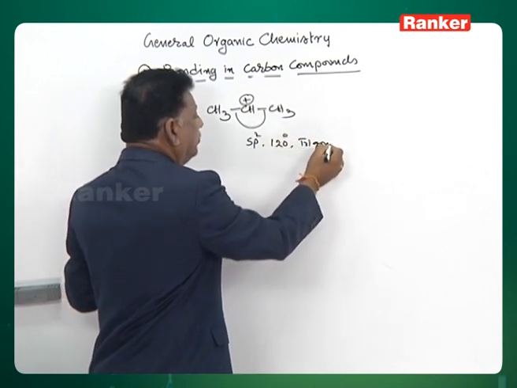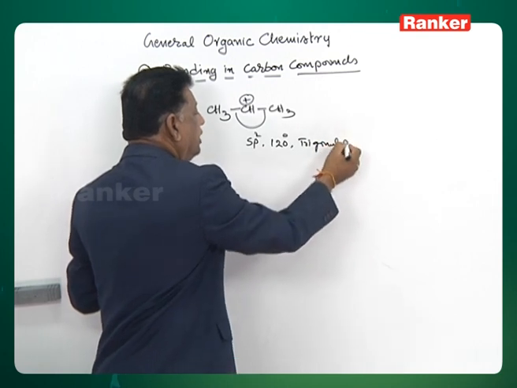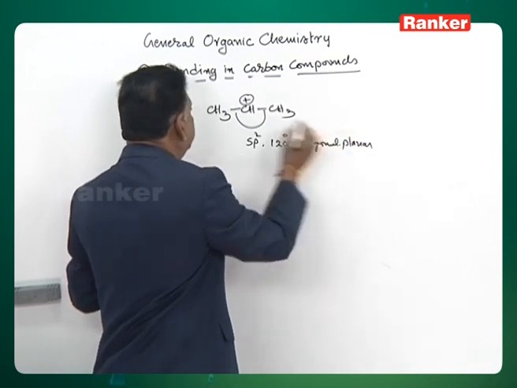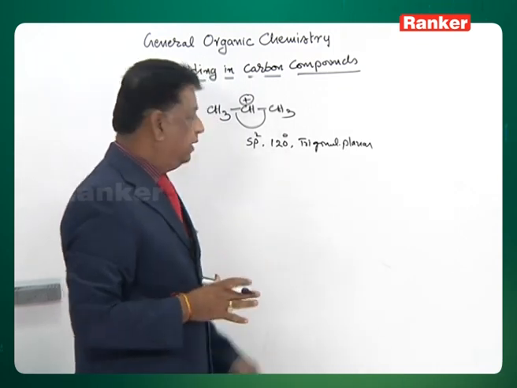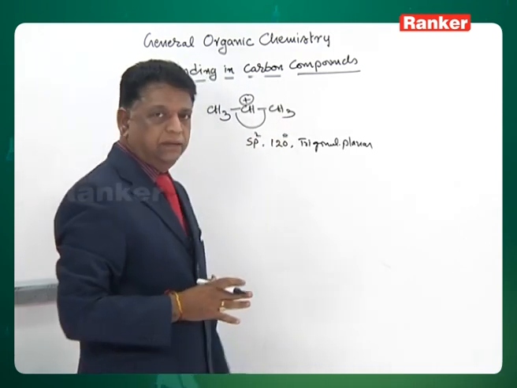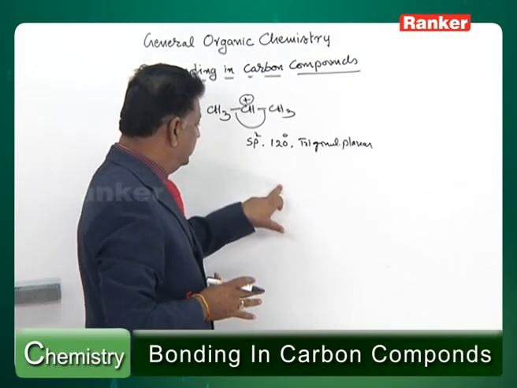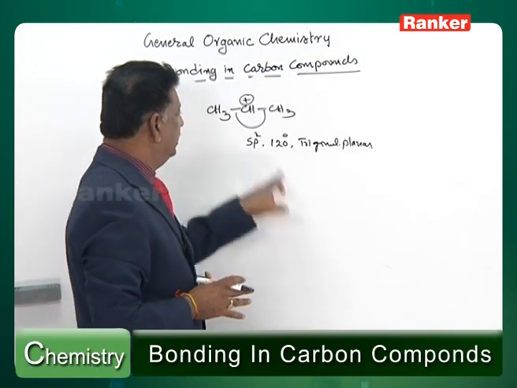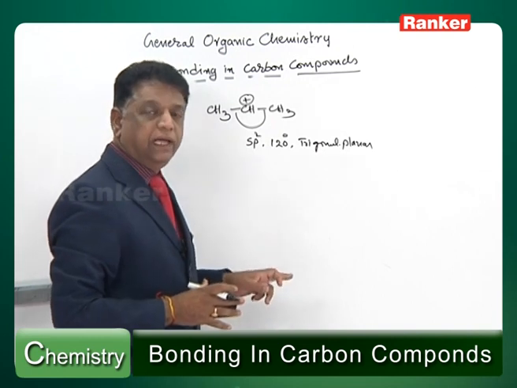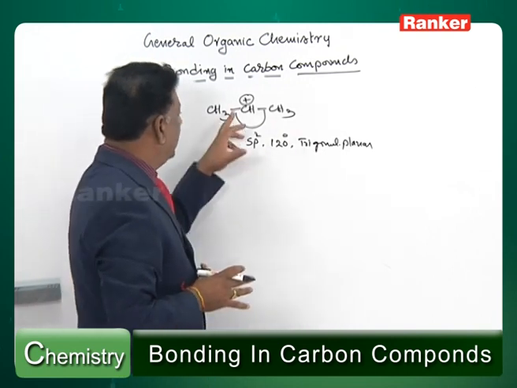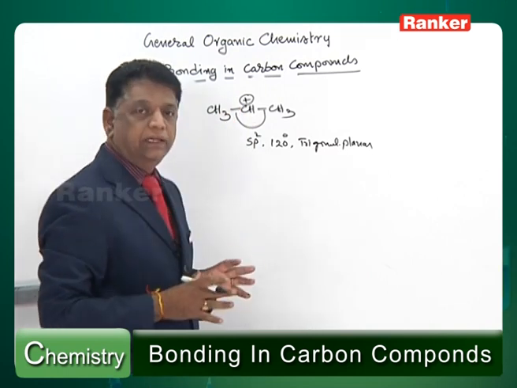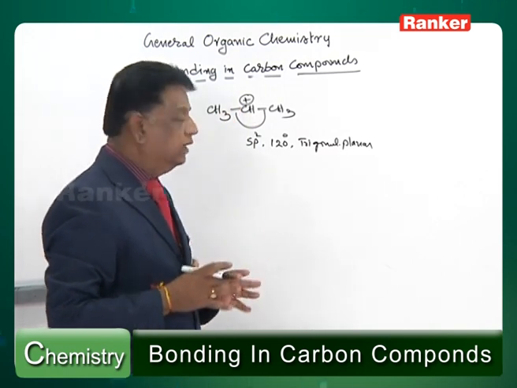So, never go by the shape written on the board. It is written like this, but originally the carbon will be in the center with 3 groups, 1 hydrogen and 2 methyls, in a regular trigonal planar shape, and the vacant orbital acts as an electrophile.